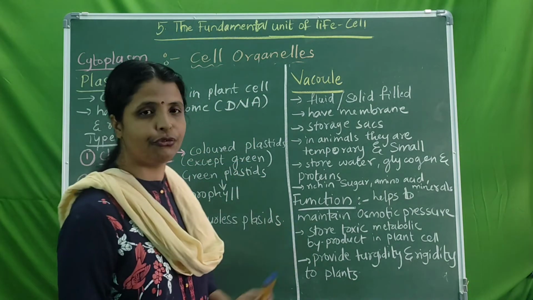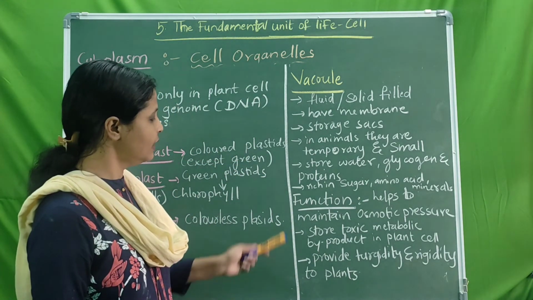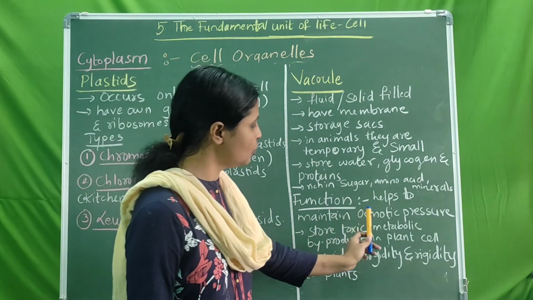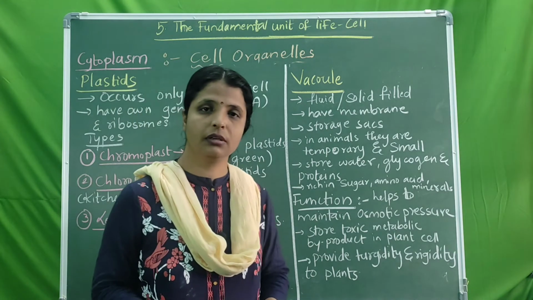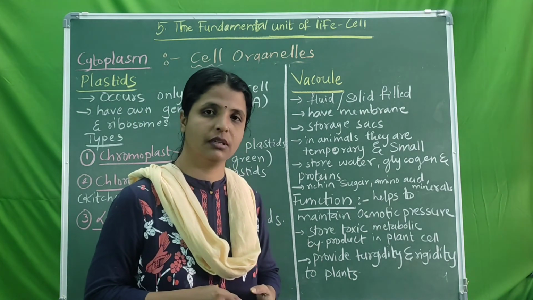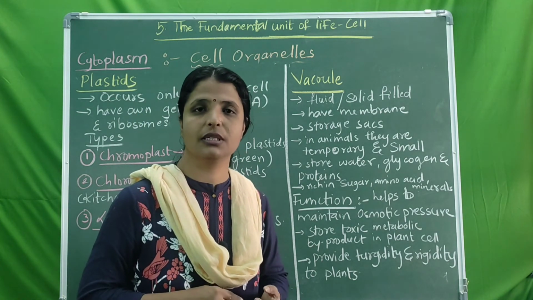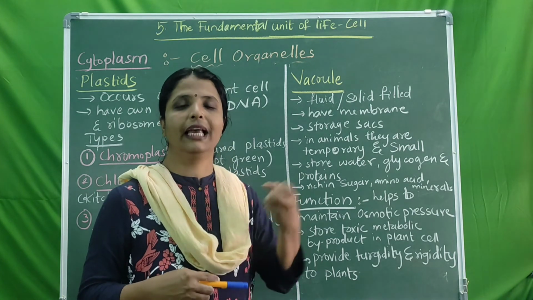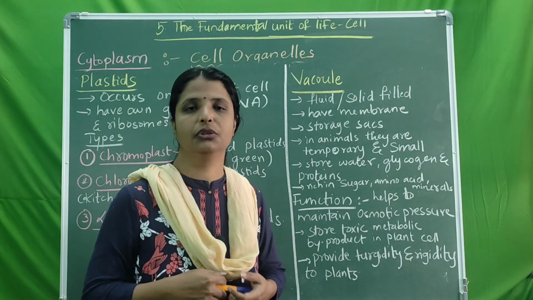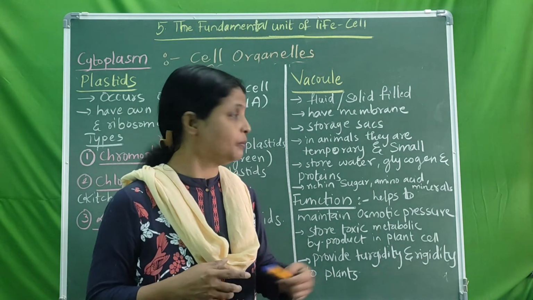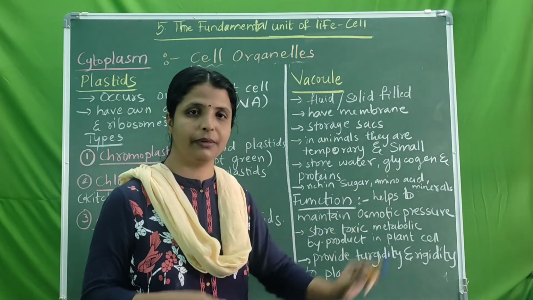What is the function of the vacuole? Let's see. First thing, the vacuole helps to maintain osmotic pressure. You know what osmotic pressure is? You have studied osmosis and the plasma membrane. It is nothing else but the taking of water, that is the movement of water through the osmosis process, which is called osmotic pressure.